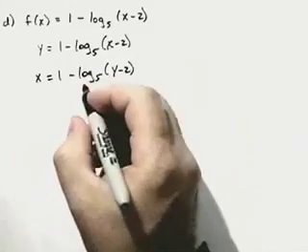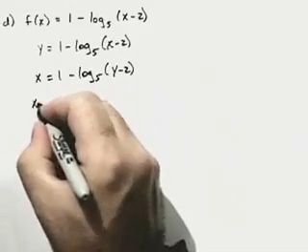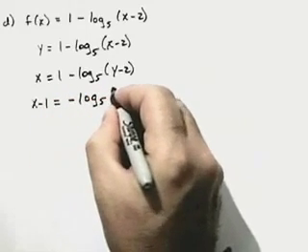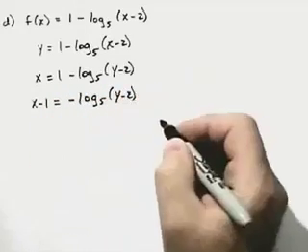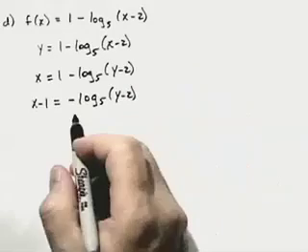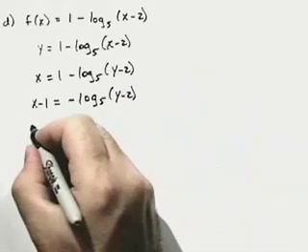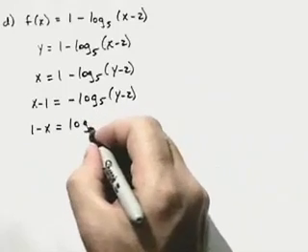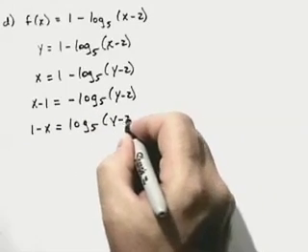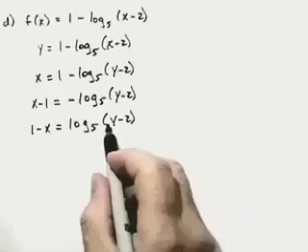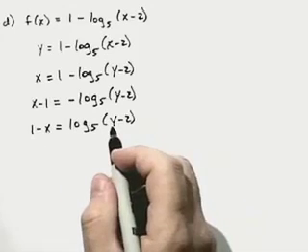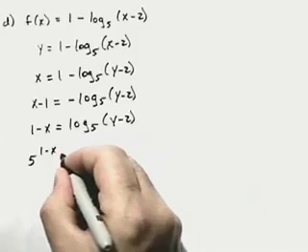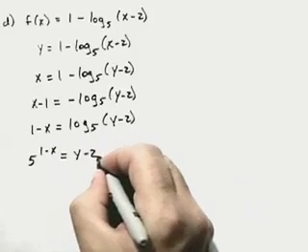We'll start by subtracting 1 from both sides. So x minus 1 equals negative log base 5 of y minus 2. Multiply both sides by negative 1. We get 1 minus x on the left equals log base 5 of y minus 2. And here we have a logarithmic form. If we change to an exponential form, we can write 5 to the 1 minus x is equal to y minus 2.